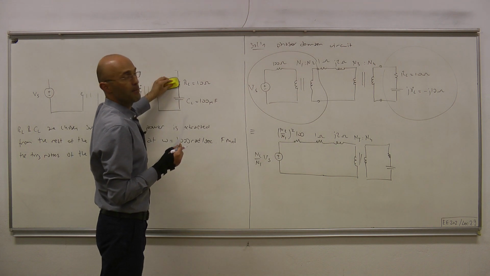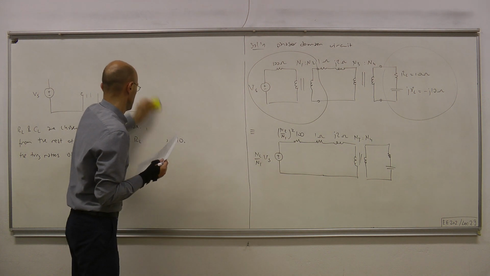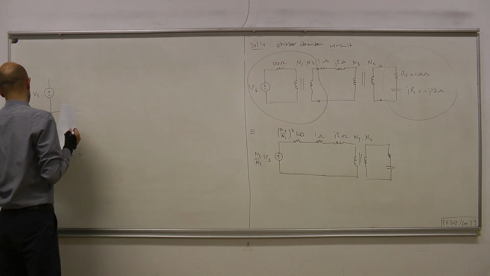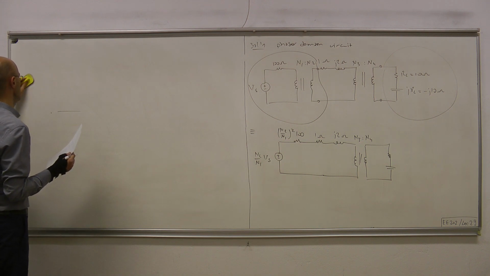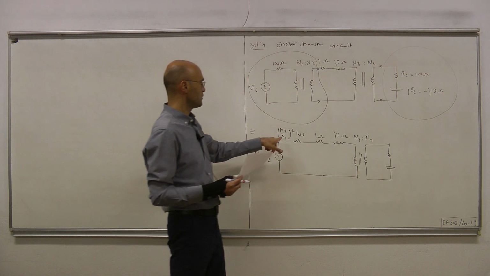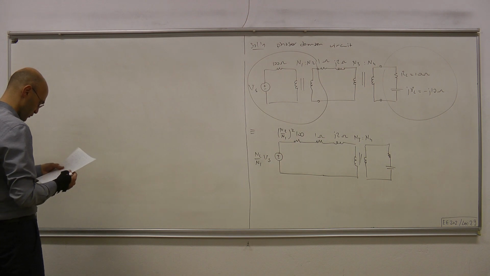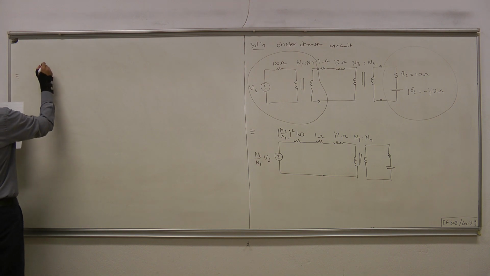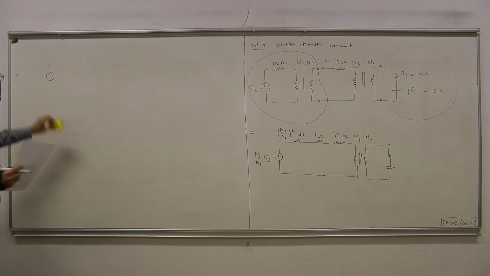After that step, we will have obtained the Thevenin equivalent circuit seen by the load impedance. Then, since the load impedance must be the complex conjugate of the Thevenin impedance, we will be able to figure out the turns ratios N2 over N1 and N4 over N3. So that is equivalent to the following circuit.